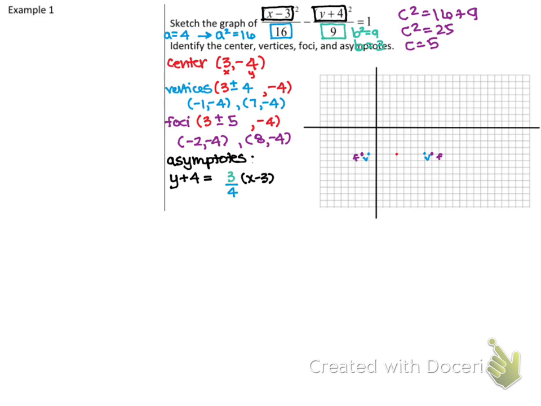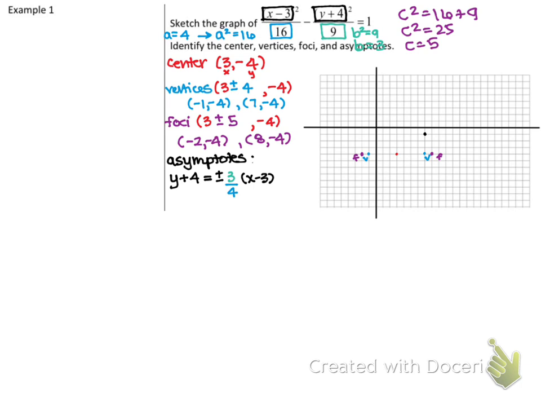But remember, you have 2 of them, plus minus. So basically, here's what we're going to do. So I grabbed my numbers, rise over run, remember. I'm going to go back to my center, and I'm going to use my slope of 3/4. Now, if it could be simplified, I'm not going to simplify it because it actually makes it worse on me. So I'm going to go from my center, I'm going to go up 1, 2, 3, 1, 2, 3, 4.